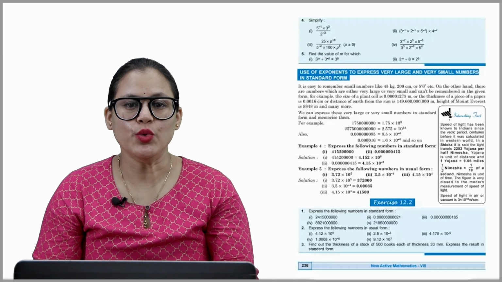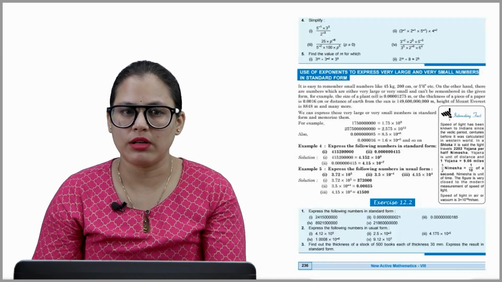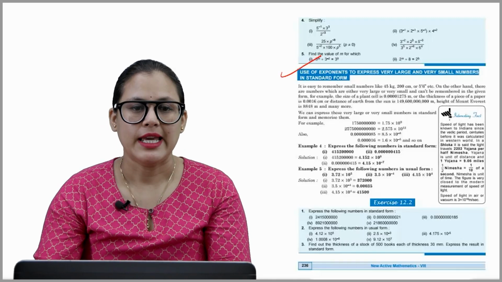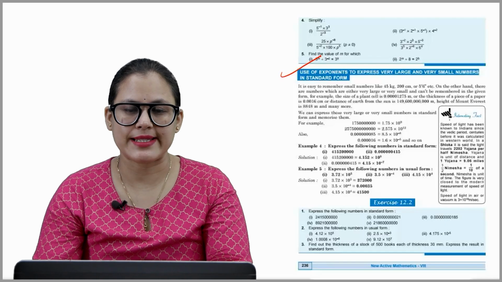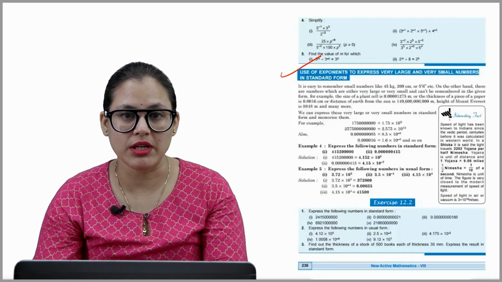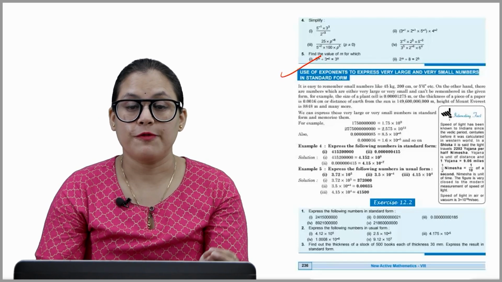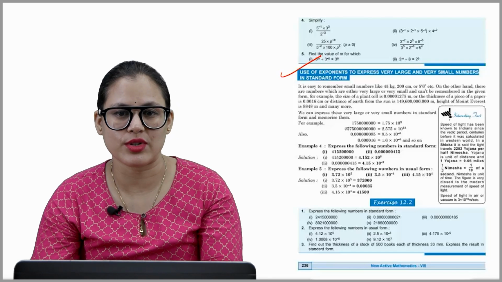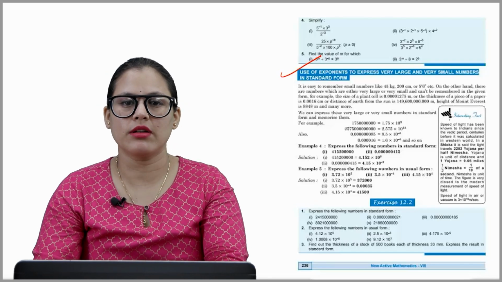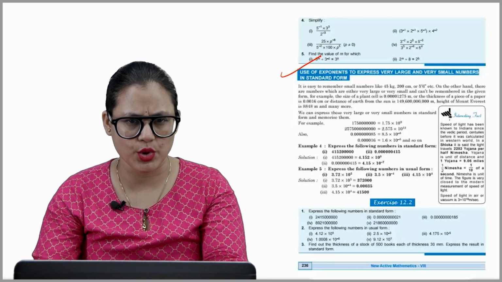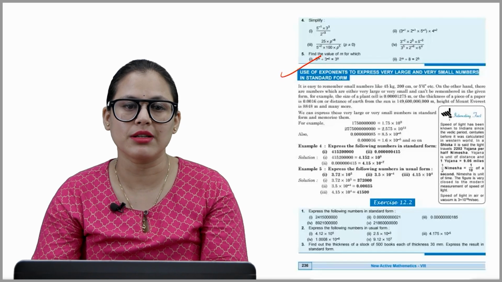Use of exponents to express very large and very small numbers in standard form. It is easy to remember small numbers like 45 kg, 200 centimeter, or 5 feet 6 inches, etc. On the other hand, there are numbers which are either very large or very small and can't be remembered in the given form.